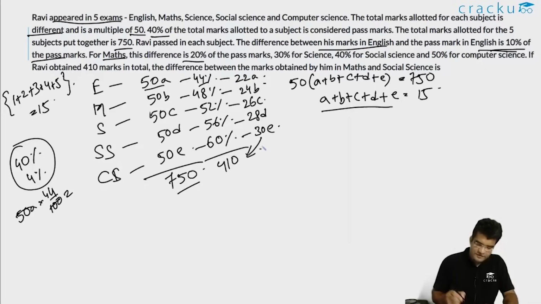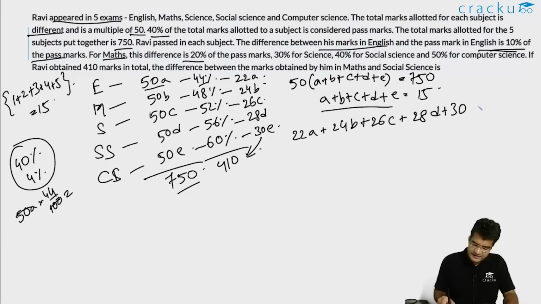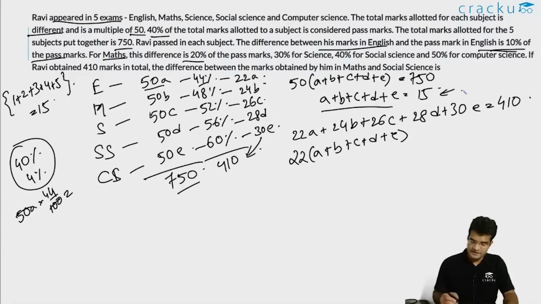Now the sum of all of the marks that he scored is 410. So we know that 22A plus 24B plus 26C plus 28D plus 30E is equal to 410. Or we can take 22 common into A plus B plus C plus D plus E, because we know the value of A plus B plus C plus D plus E, that is equal to 15.